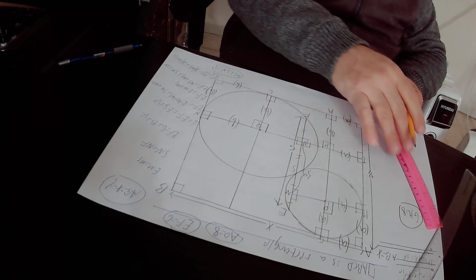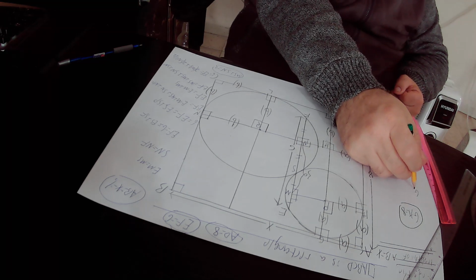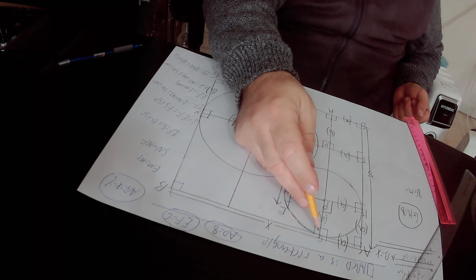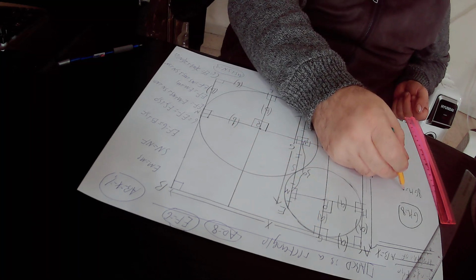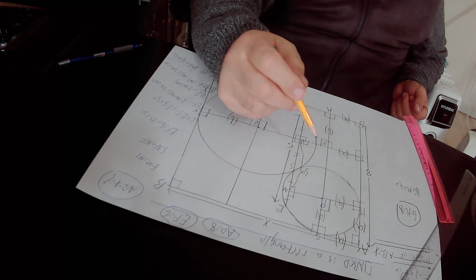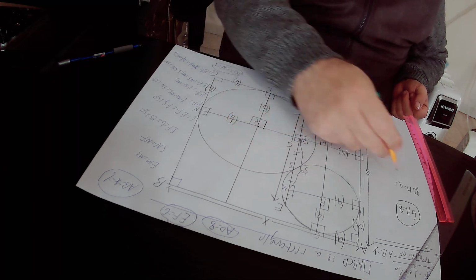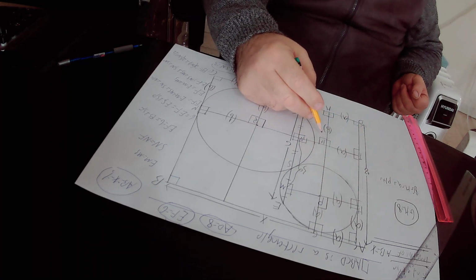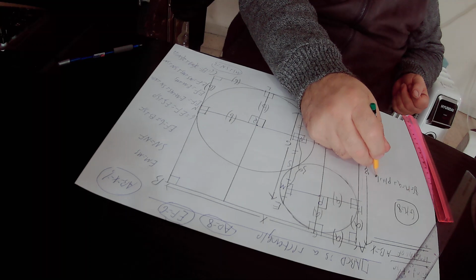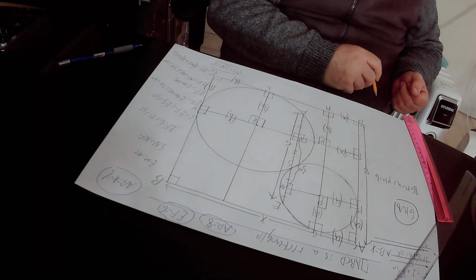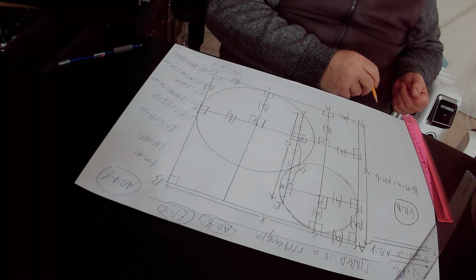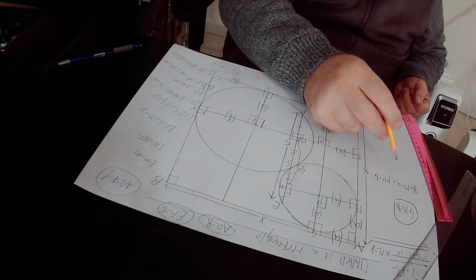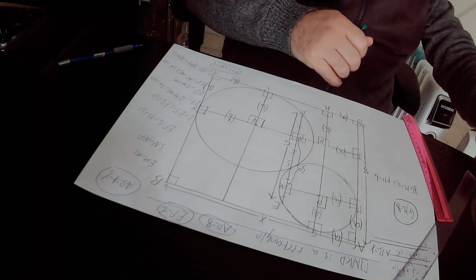So GK is equal to 8, which equals GP, that is A, plus PH plus HK, that is B. So GK equals A plus B plus PH.